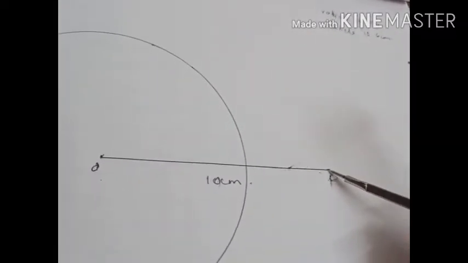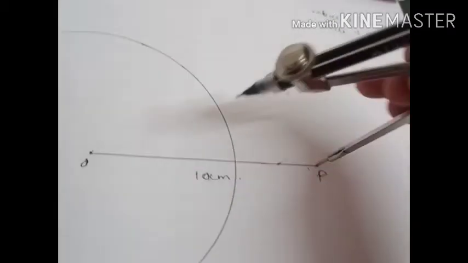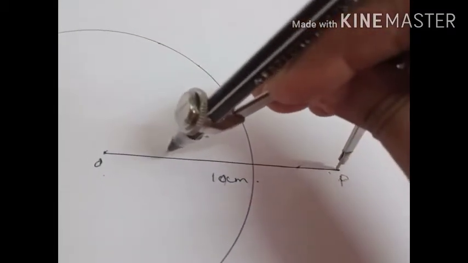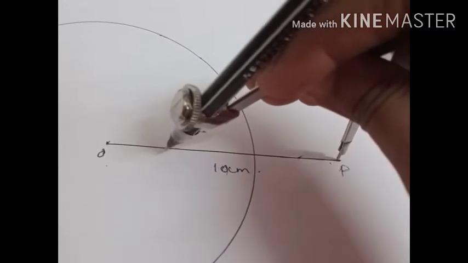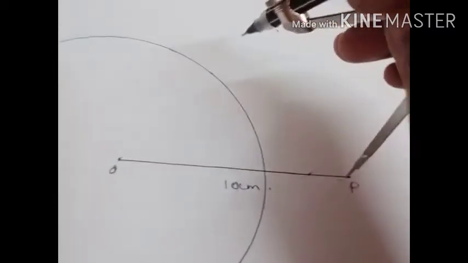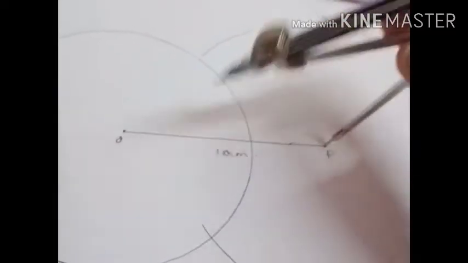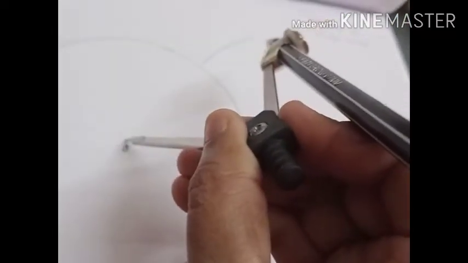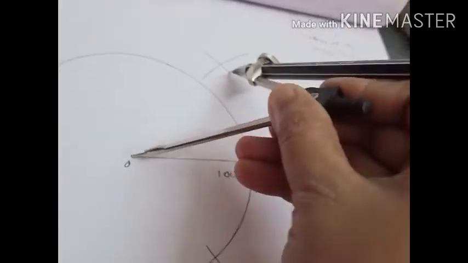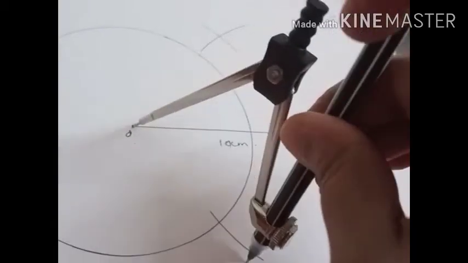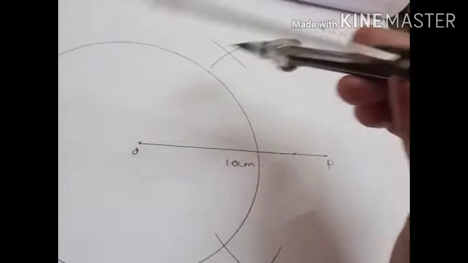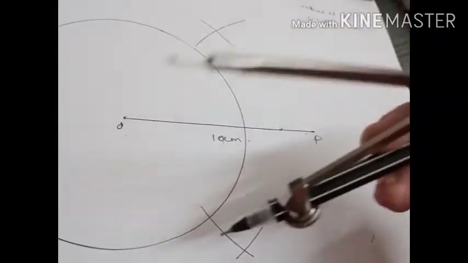Next we want to get the midpoint of this line segment OP. To get the midpoint of this line segment OP, we want to take just 3/4, that means more than half of the distance of this line segment OP, and draw the arc to up and down. Okay. From the other point O also we want to draw the arc to up and down such that the two arcs will intersect at top and bottom.